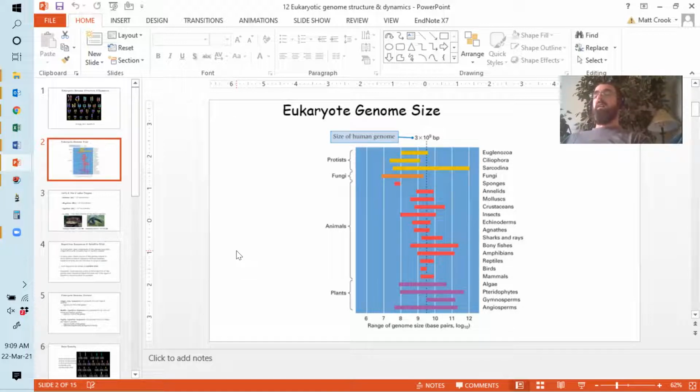And that's our N value, right? That's the number of unique chromosomes that we have. Obviously, we have 46, right? Because we're diploid. But the actual amount of unique information we have is 23 chromosomes, right? And the C value is basically how big, if you stretch all those out and count how many bases they have, right?